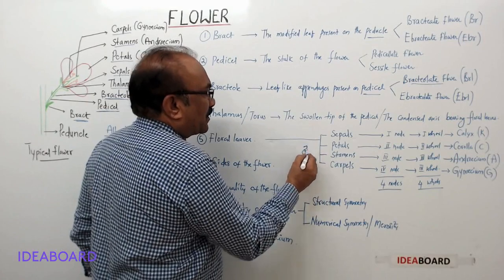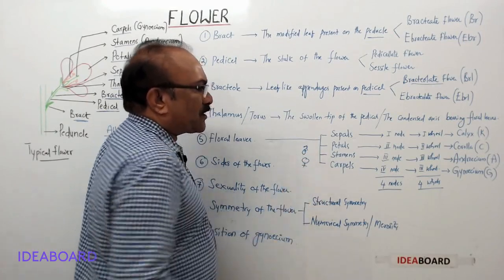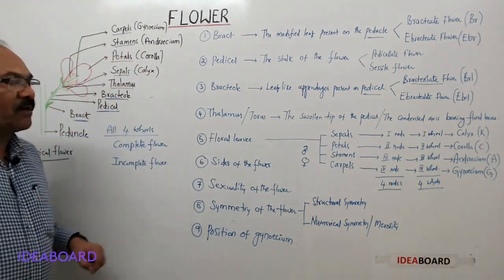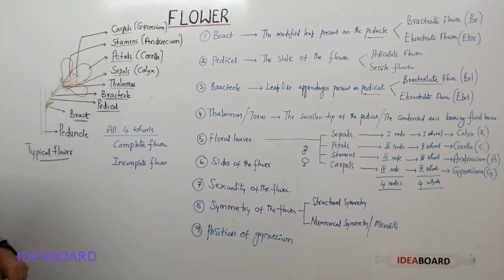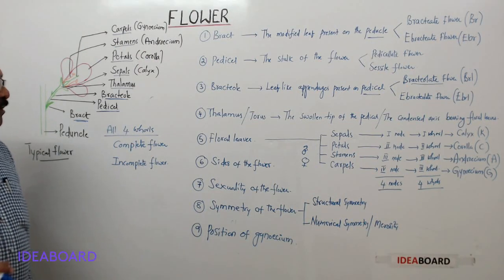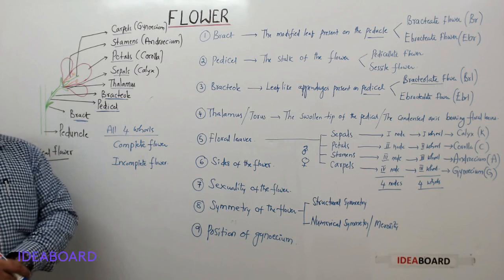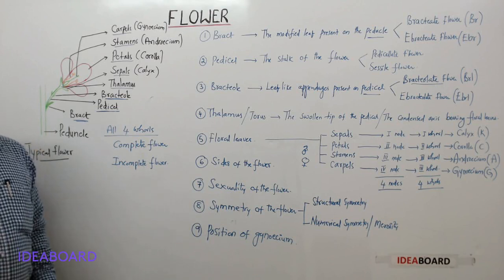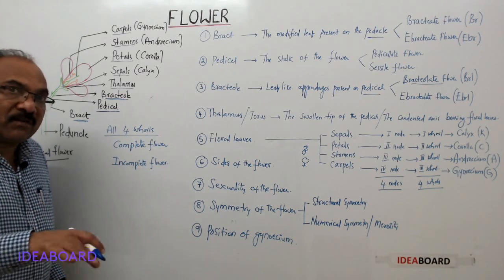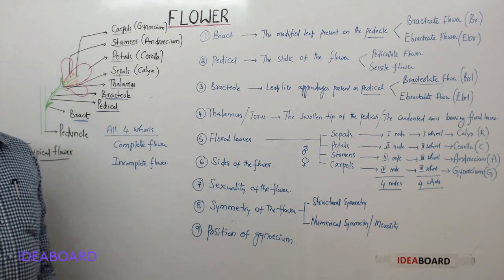The stamens are male sex organs of the flower, and the carpels are female sex organs of the flower. Or androecium is the male sex organ and gynoecium is the female sex organ. So the complete flower will have both the sexes. So all complete flowers are bisexual. Is it true or not? Yes, it is true. But all bisexual flowers need not be complete.